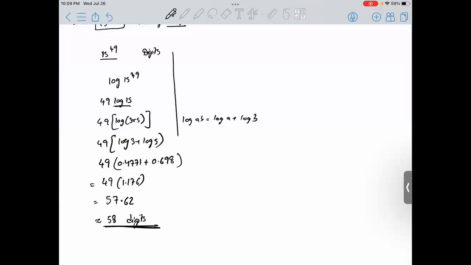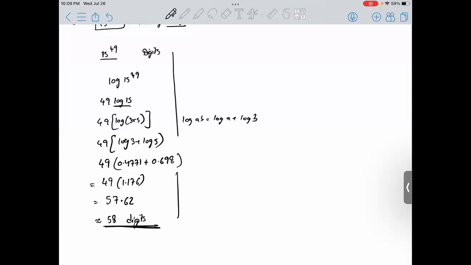One more last question. Activity question 6.6, question 2. Look, number of solutions.